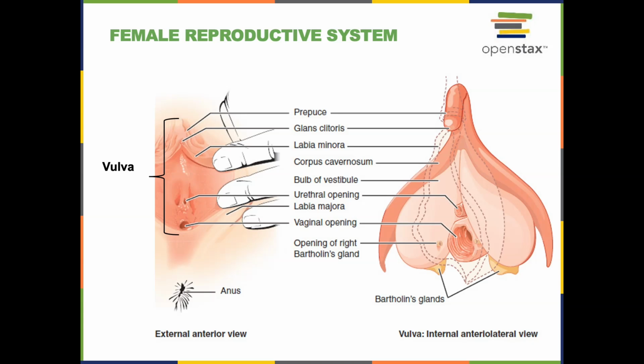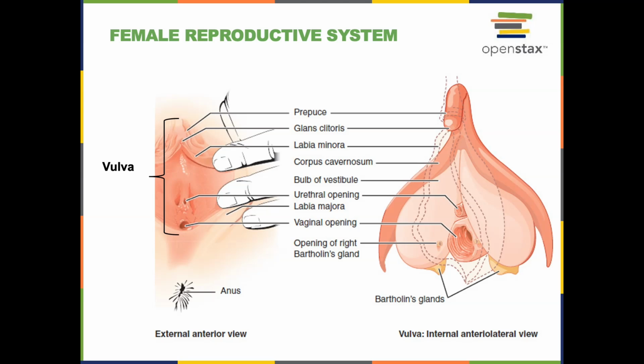The clitoris has an external region known as the glans. There are also internal regions of the clitoris. The bulb of the vestibule is an internal region located deep to the labia surrounding the vagina, and the crus of the clitoris extends deep along the inferior pubic ramus of the pubic bones.